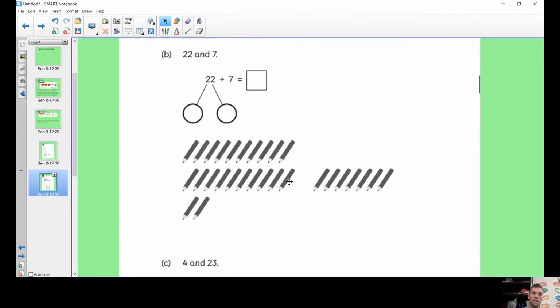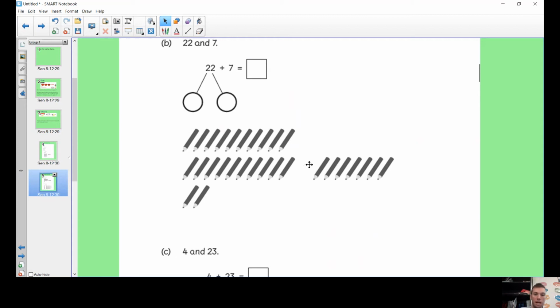Then underneath the questions with pictures, we have lots of maths questions for you to have a go at by thinking about your 1s and your 10s. I'll just share them quickly so that you can see what I am talking about, and then it is over to you.